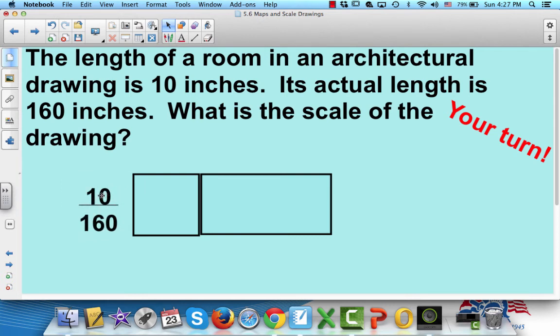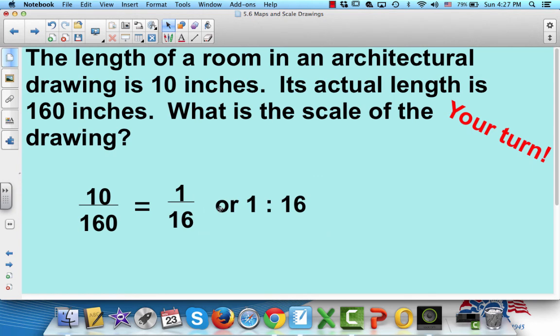We want the 10 to become a 1. So what do we divide the 10 by? Yes, we divide it by 10. If we divide the top by 10, we got to divide the bottom by 10 also. So 10 divided by 10 is 1. 160 divided by 10 is 16. So our ratio is 1 to 16. Our scale is 1 to 16.